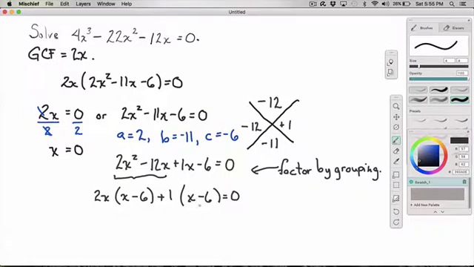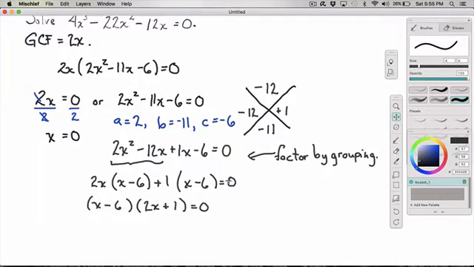Now notice that the x minus 6 terms match. So now my new greatest common factor is x minus 6. So I can factor out the x minus 6, and I'm left with 2x plus 1. Those are each factors.